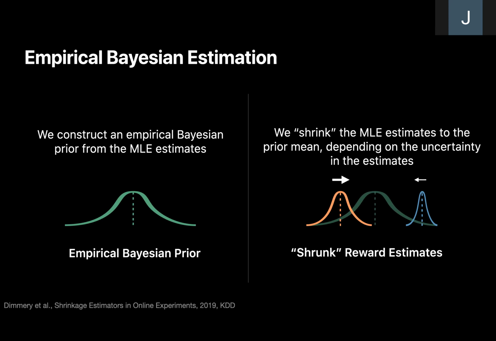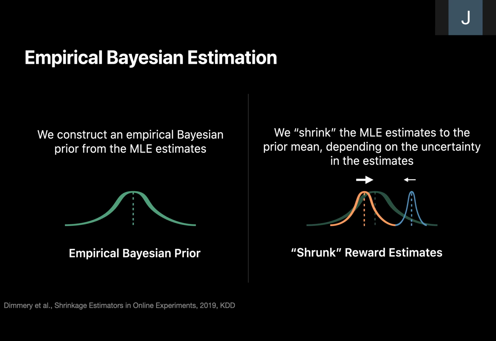As many of you I'm sure know, it has very nice properties that bring frequentist ideas into the Bayesian context, where by first constructing an empirical Bayesian prior from the observed data in the past, we can then shrink the means of the maximum likelihood estimates towards the empirical Bayesian prior as a function of how much uncertainty there is in those means. So in this example, again, because the blue alternative has been sampled more, we're more certain about it, and hence we shrink it less.